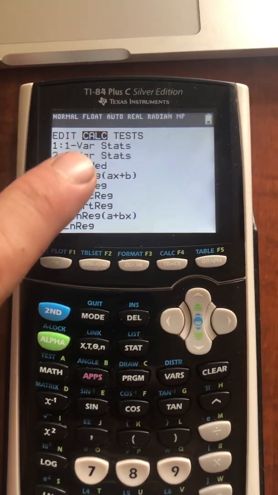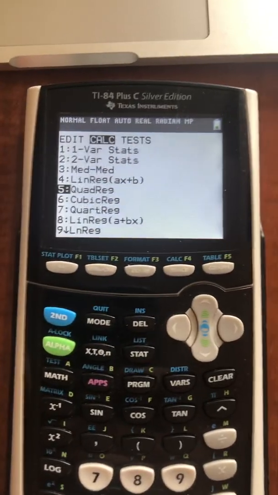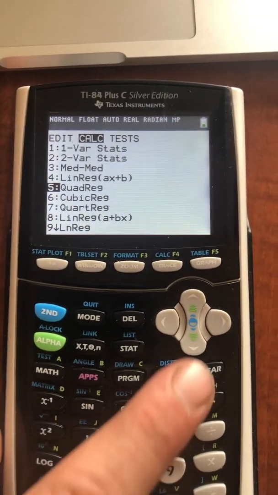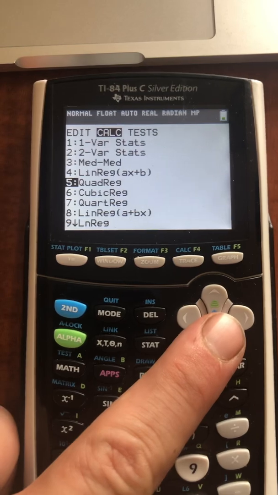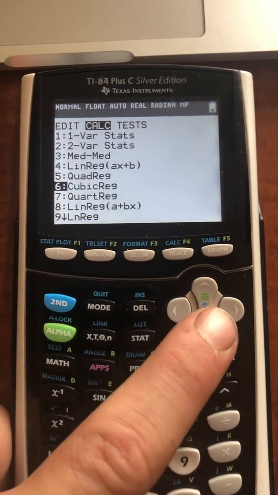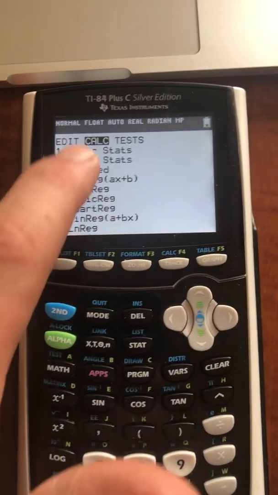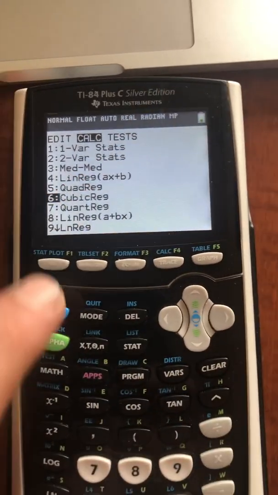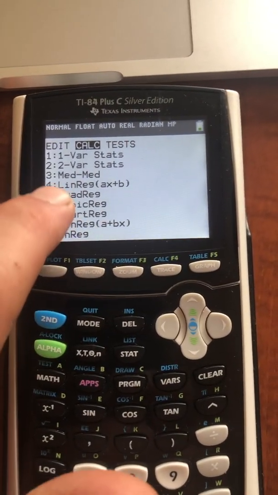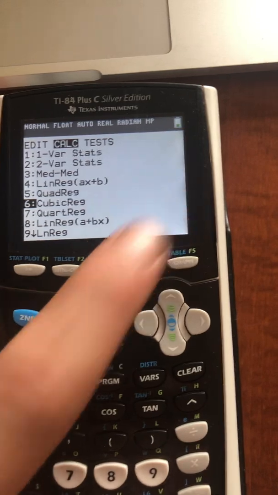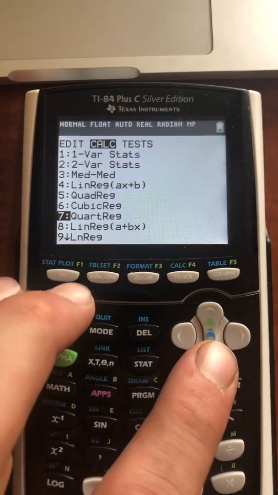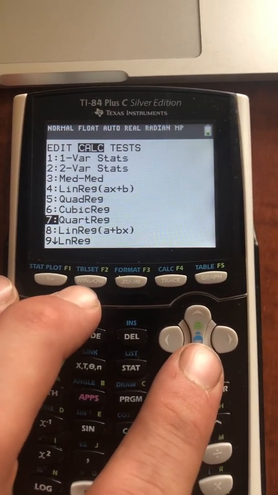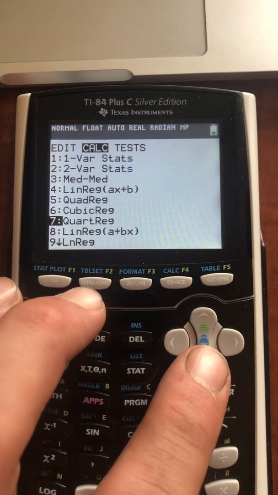But a quadratic only has kind of one bump. So because there's more than one bump, we're going to use a higher degree polynomial. We could use a cubic. A cubic can make like an S shape, or we can use a quartic. A quartic can make like an M shape. You can do other types of regression as well, but on our calculators, the quartic regression is the highest that we get.